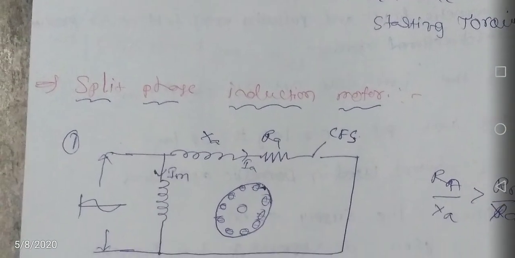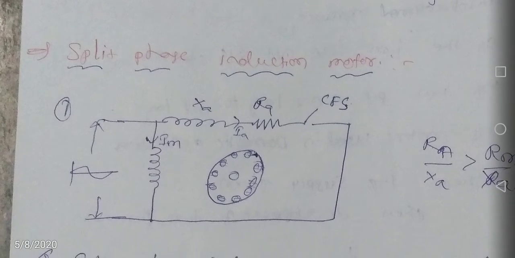So now coming to the split phase induction motor. In a split phase induction machine, IM is the current in the main winding, and IA is the current in the auxiliary winding.